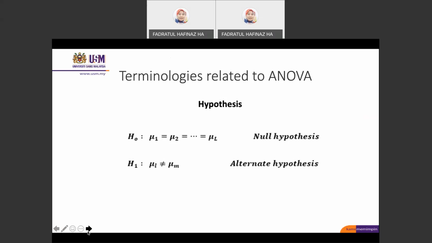Null hypothesis meaning that mu1 equals mu2 until equals mu L. Whereas the alternate hypothesis states that at least one of the sample means is different from another, but we still can't tell which one specifically, either mu1 or mu2 or mu3 or mu L. For that, we will use another method that we will discuss later in this lecture.